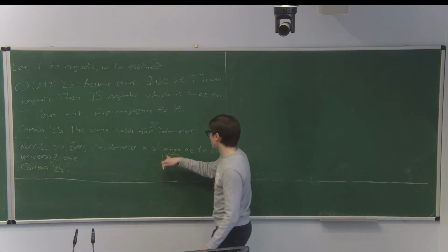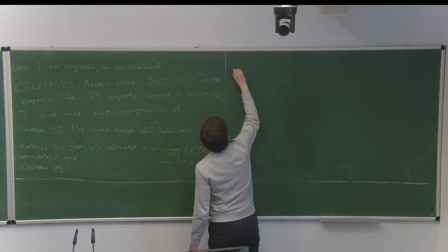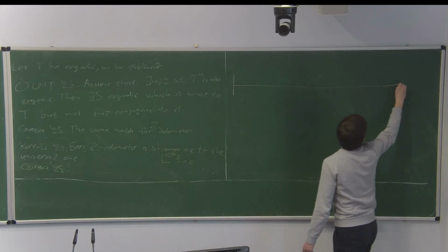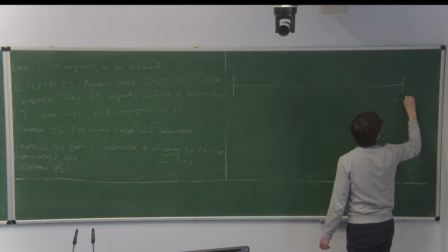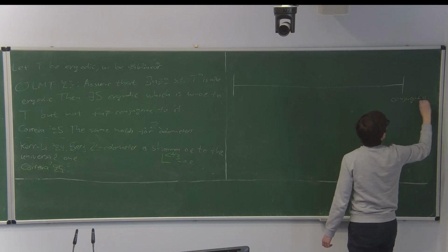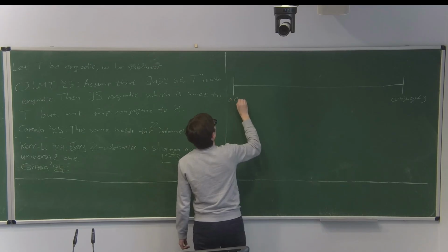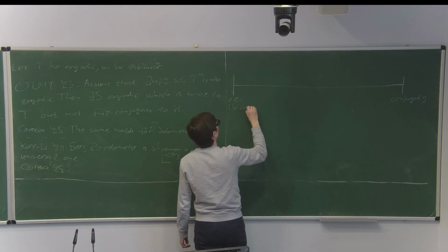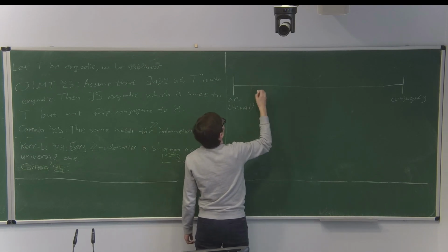Now, why is this a strengthening of Shannon? What we have is the following picture, let's say for Z transformations. So here, let's say, is conjugacy. Here is orbit equivalence, which is trivial. Okay. Let's put Shannon somewhere here.